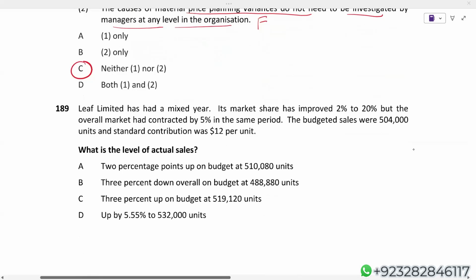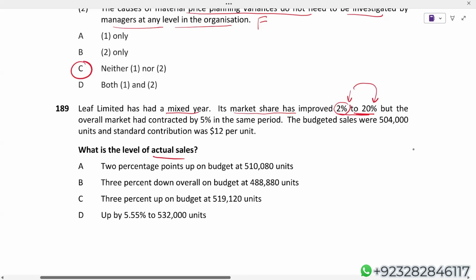What is the level of actual sales? Leaf Limited's market share has improved 2% to 20%. So basically your market share has improved by 2%. Now it is 20%.